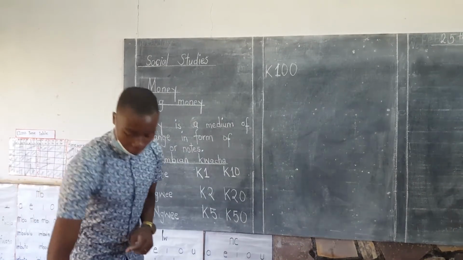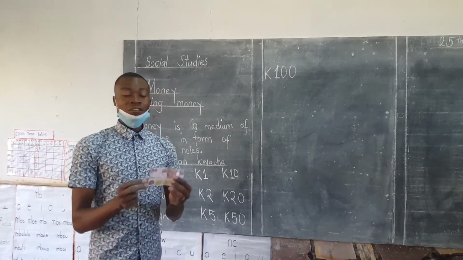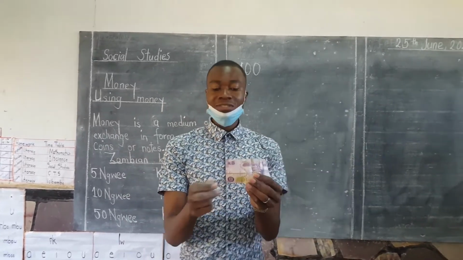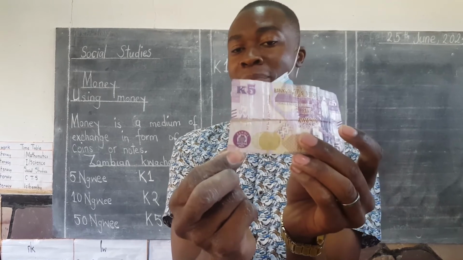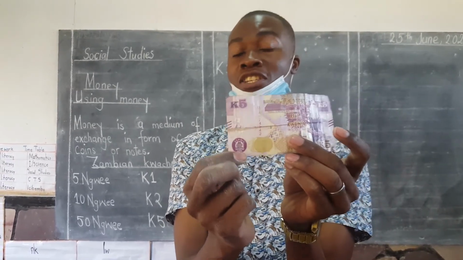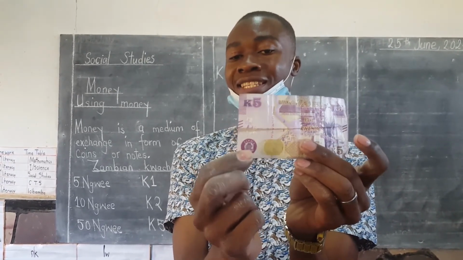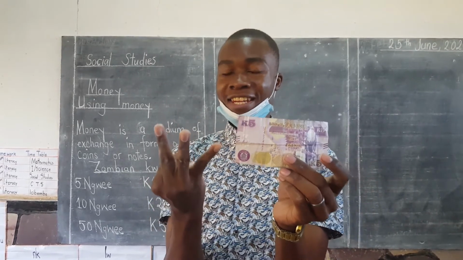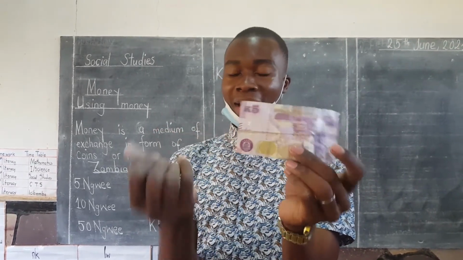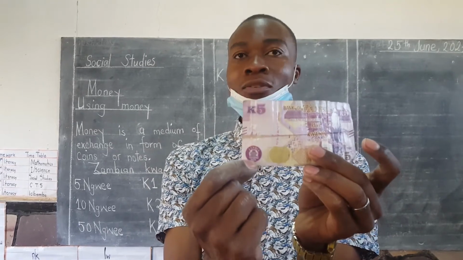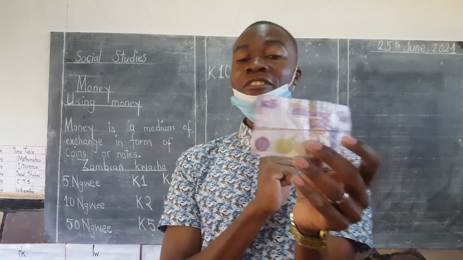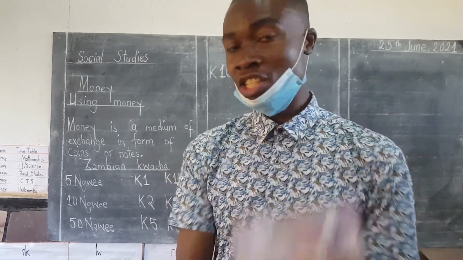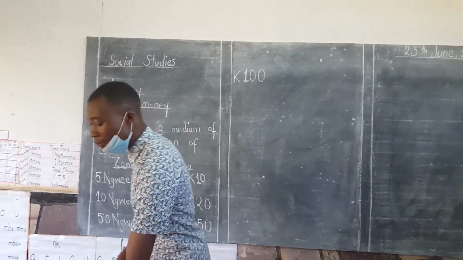If you are paying attention, you will find that on all the notes as well as coins, they are having this. Remember when you are looking at national identities in social studies, we said there are 3 national identities. So amongst those, this is one of them. If you can remember very well, we even mentioned the name of this. So this is called a coat of arms.